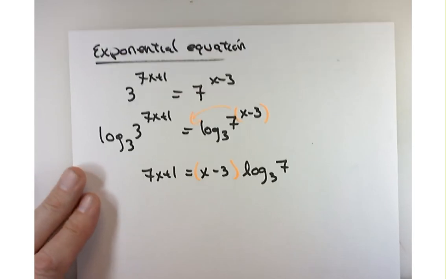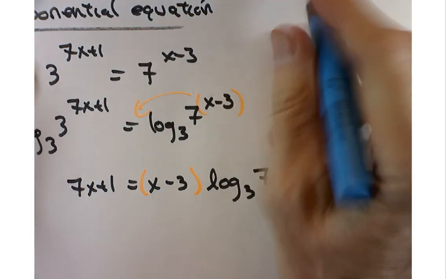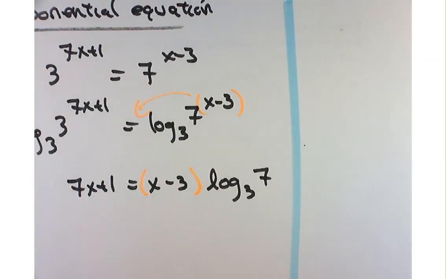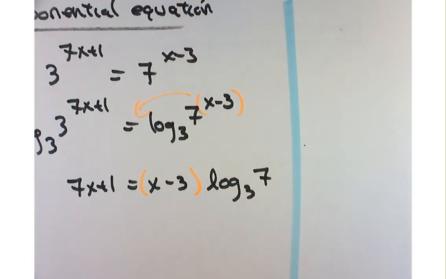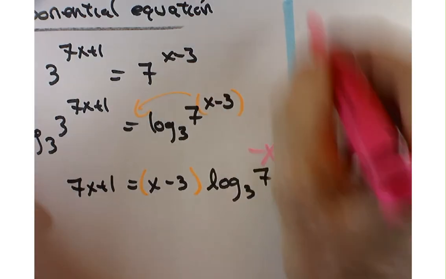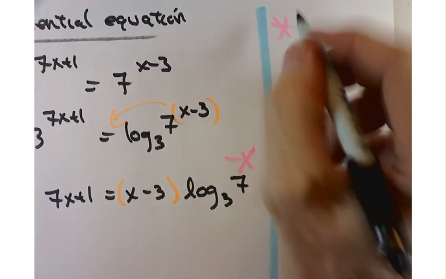Like that. Now, here's the first of a couple tricks. Right here, I'm going to distribute the log so that eventually I can move the terms in x around.